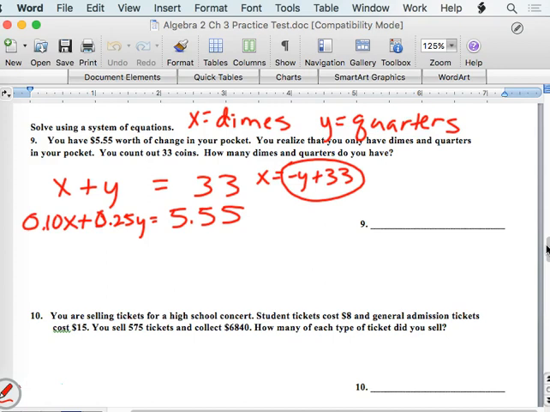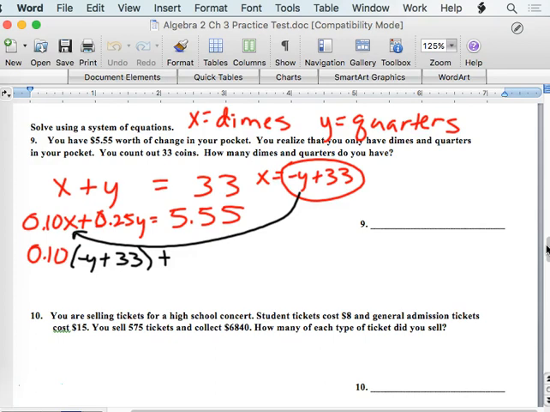Exactly, for X. So this is going to go right here for X. So we're still going to have our 0.10, but now we're going to have to put in negative Y plus 33, or like I said, you can have 33 minus Y, plus 0.25 Y equals 5.55.